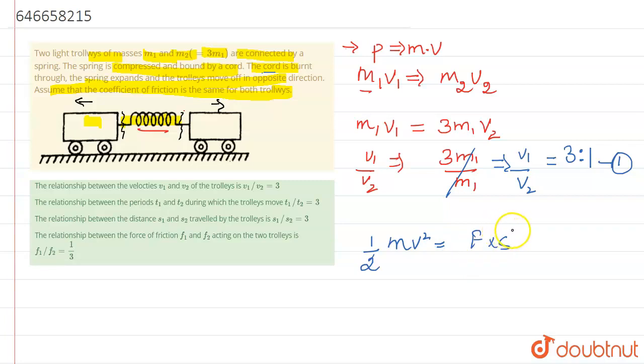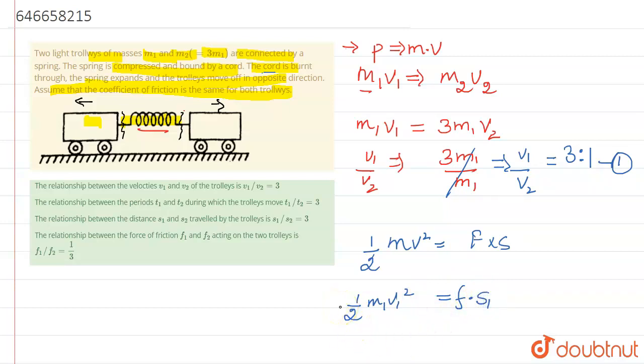Putting the values, for the first mass you will get half m1 v1 square equals force multiplied by s1 distance.